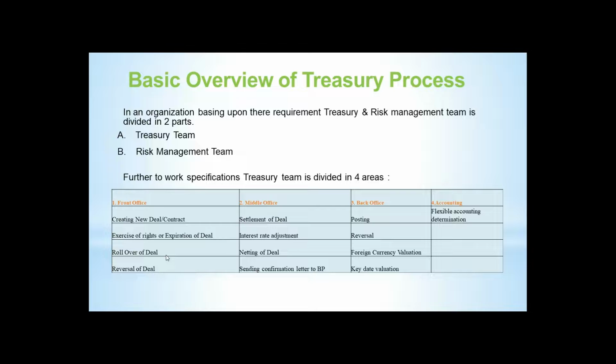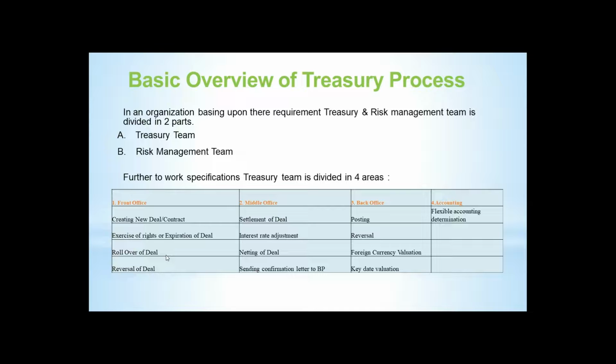What the middle office team does, as I mentioned, is that whatever is created by the front office, the deal, will be validated by the middle office team: whether the terms and conditions are fine or not, whether the rate of interest is okay or not. And after that, they will do the settlement of the deal.